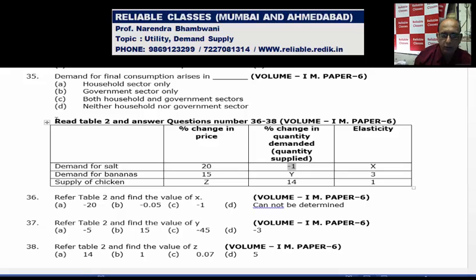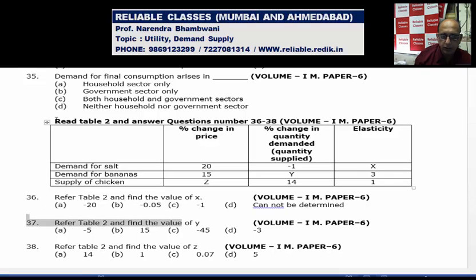So 1 divided by 20 is 0.05, and it will be negative 0.05 because demand and price move in opposite direction. So therefore you have minus 1 upon 20, that is 0.05. So the answer is option B.